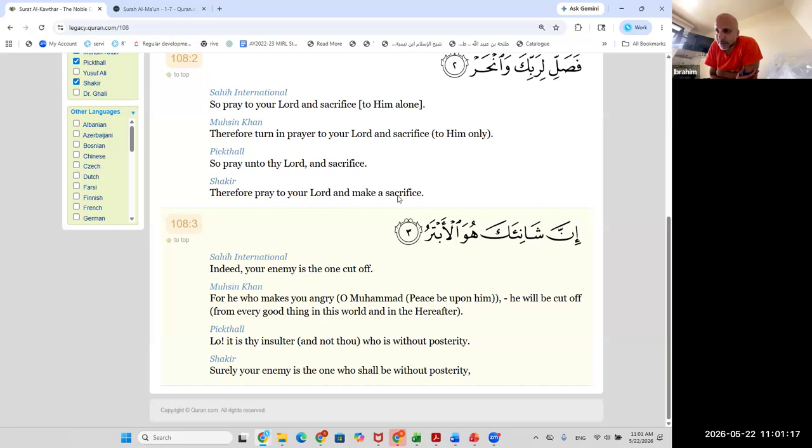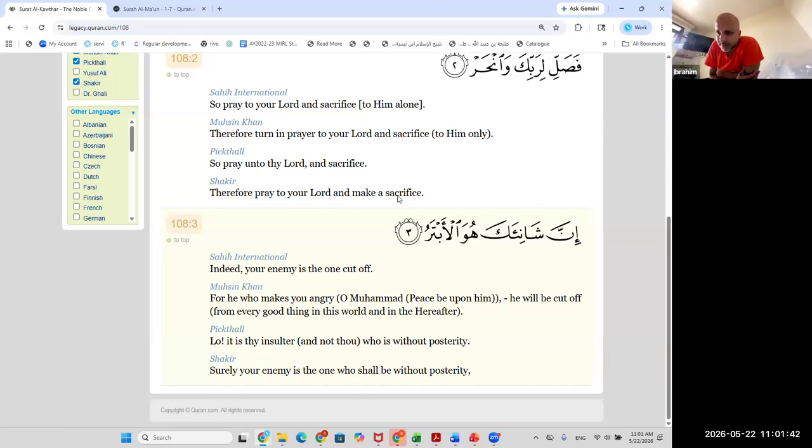Again, this is just a description of the enemy. What do you call in Arabic a description of the name, the ism?